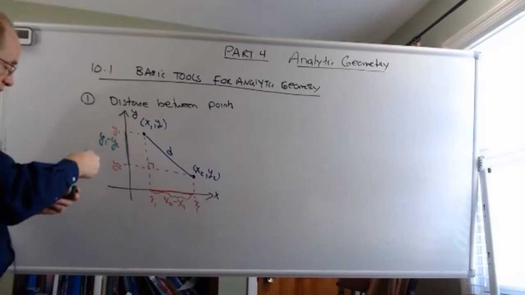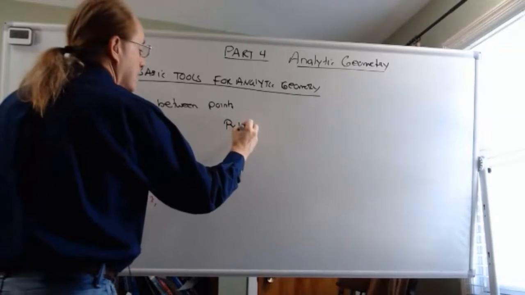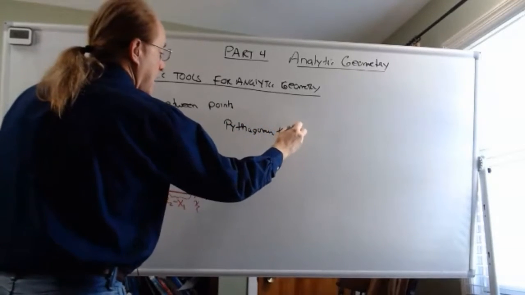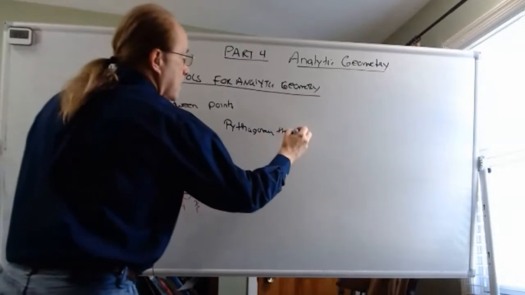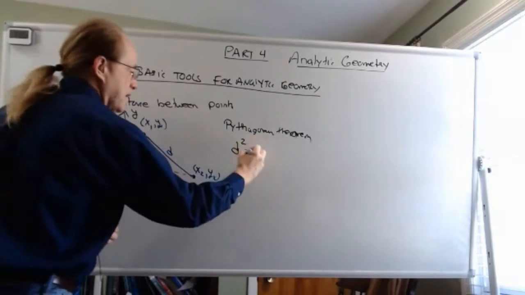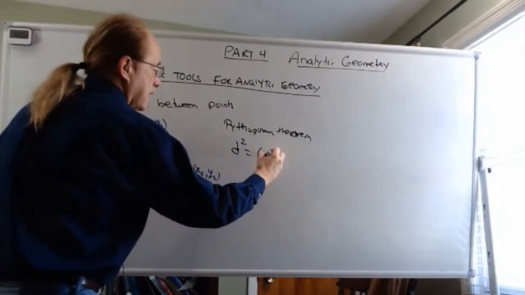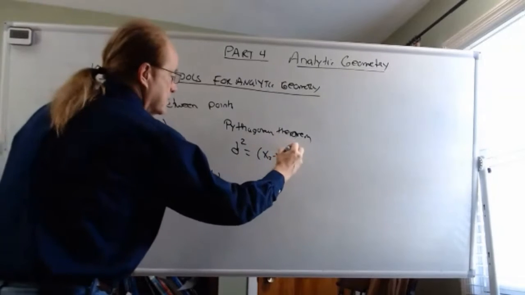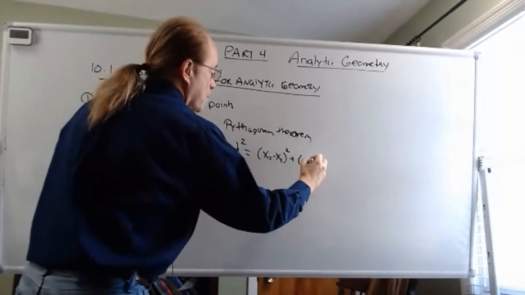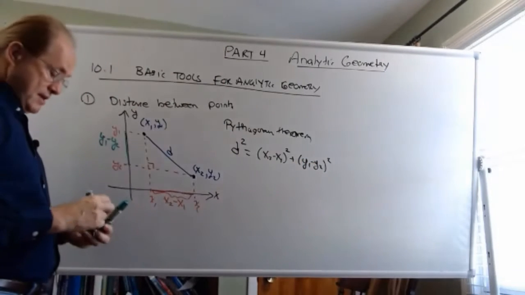Okay, now we know those values, so I can use the Pythagorean theorem. And I have my distance squared is this length squared, so it's x2 minus x1 quantity squared, plus the distance over here, y1 minus y2 quantity squared.